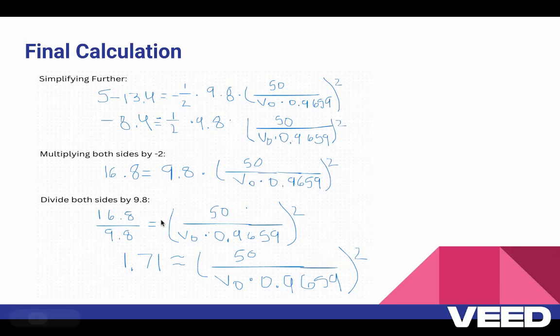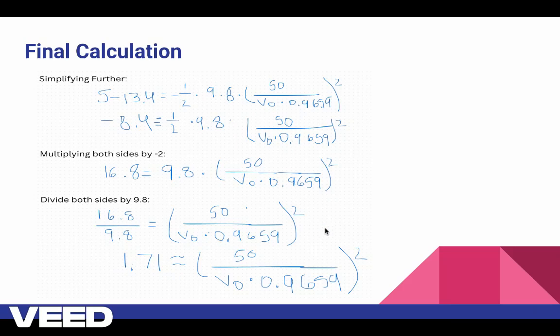After I did that, I needed to divide both sides by 9.8, which I then got 1.71 equals 50 divided by the initial velocity times 0.9659 to the second power.